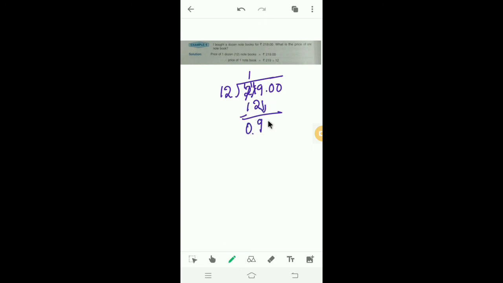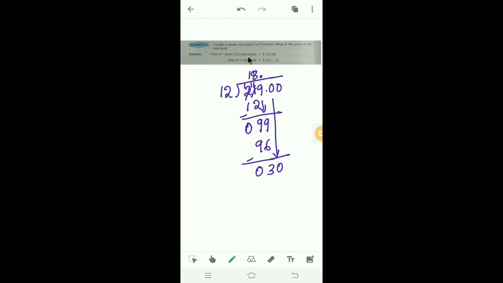Next we have to take 9 down. 12 8s are 96. 9 minus 6 is 3. 9 minus 9 is 0. Next we have to take 0 down. Here a decimal point is there, so we have to put the decimal point here.